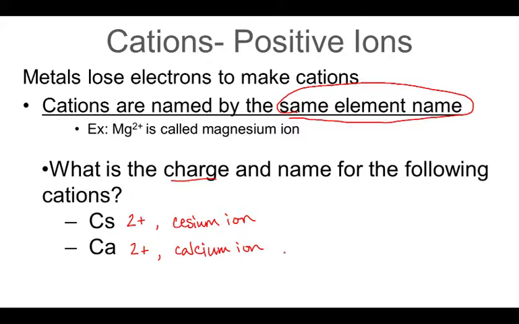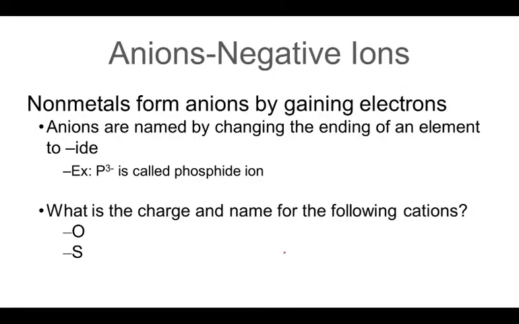Pretty slick, huh? Now, anions are a little bit different. With anions, you actually have to change the name. You take off whatever's at the end of the element name and change it to -ide. This by itself is phosphorus, but when it becomes an ion, it becomes phosphide ion.